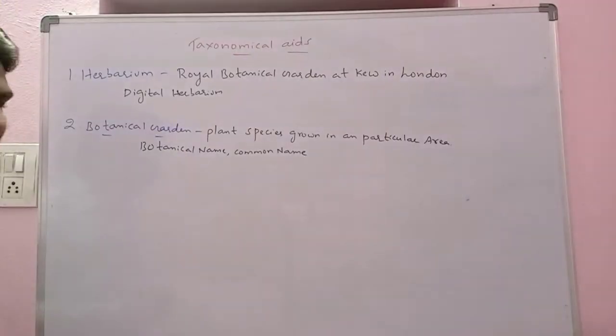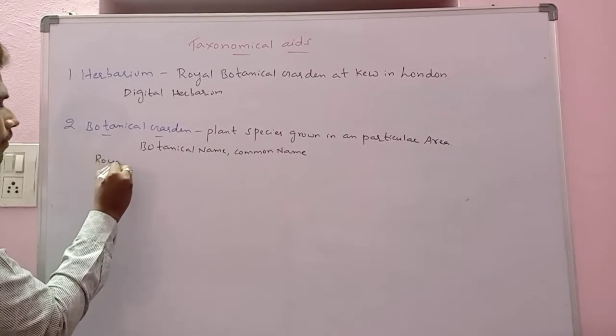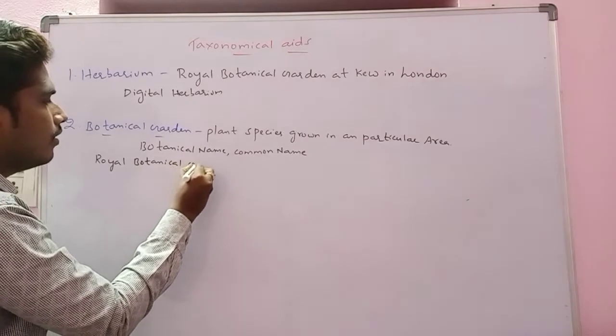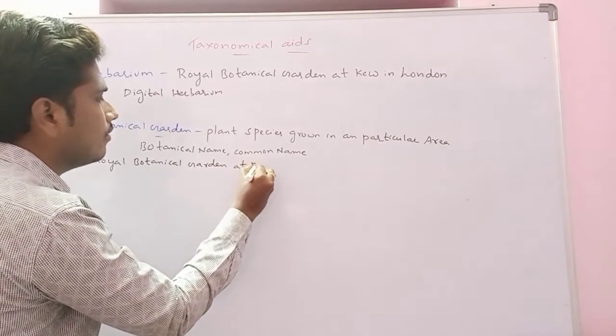The largest botanical garden is the Royal Botanical Garden at Kew in London.